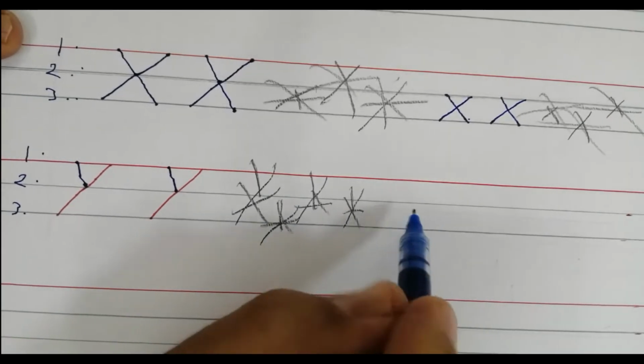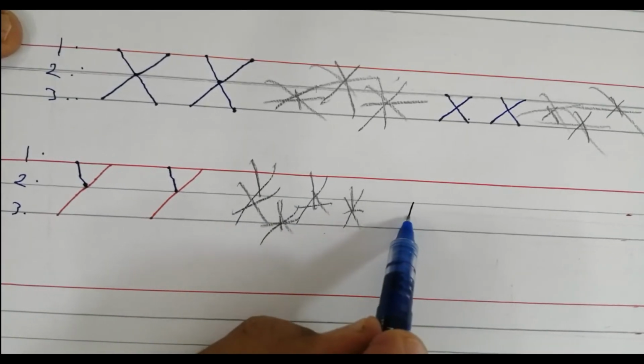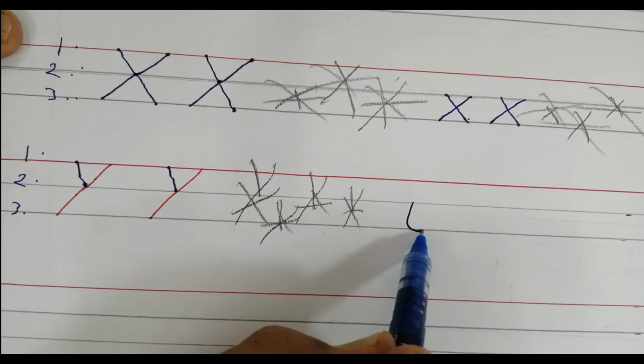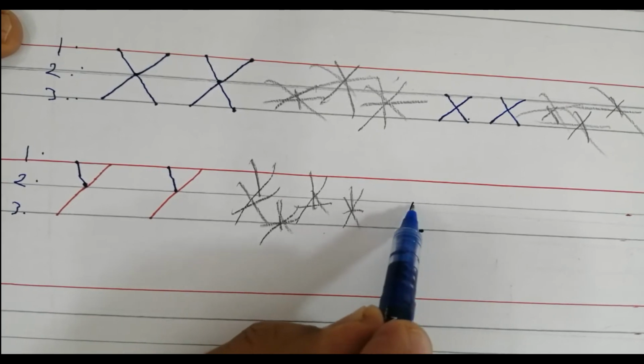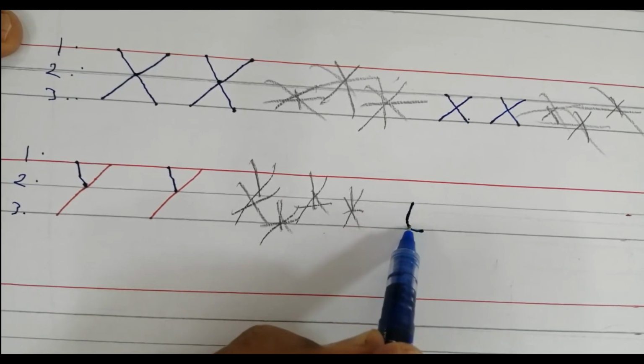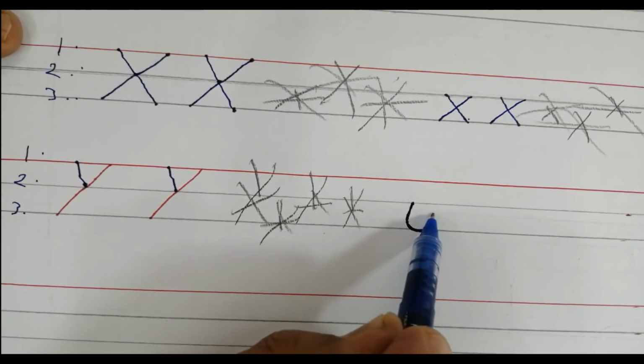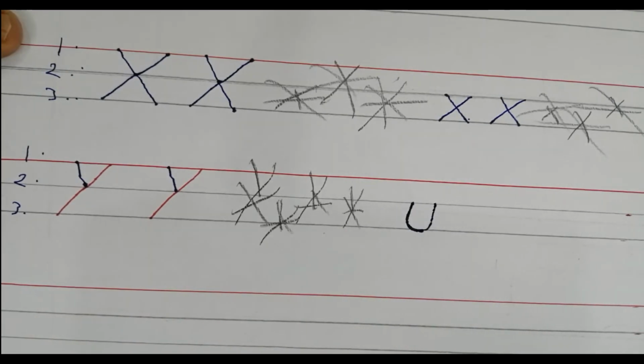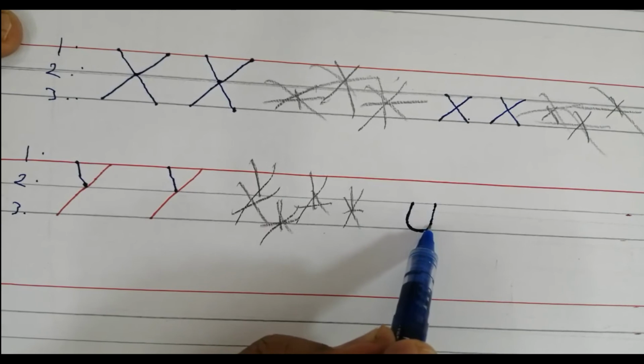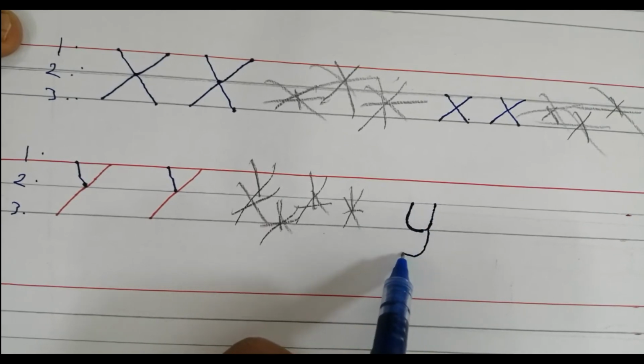How about the small one? Small, between 2 and 3. It is like a U. You remember U? Falling line between 2 and 3 and go up again. See? And a falling line to complete, go down like that. This is y.